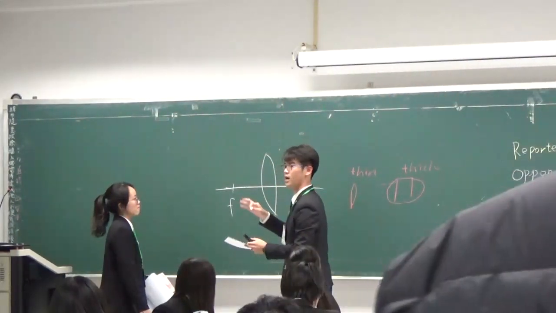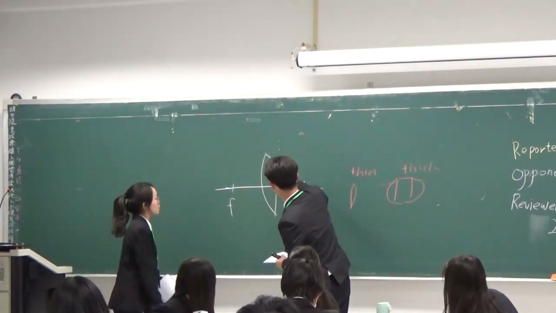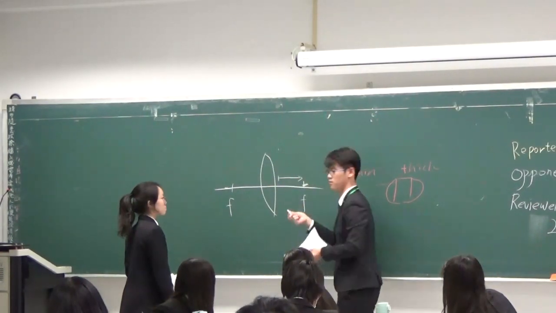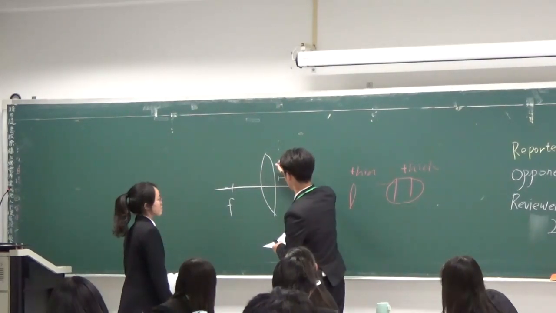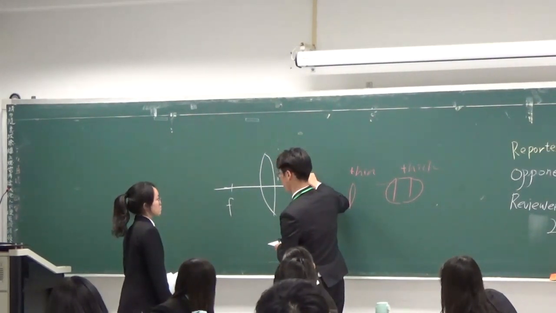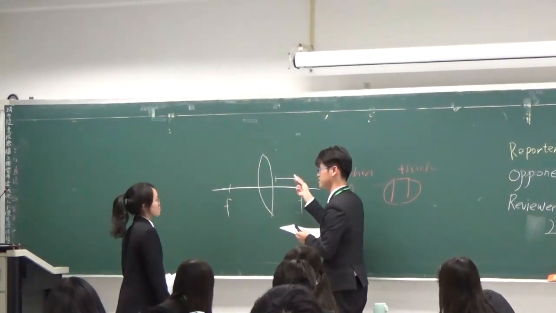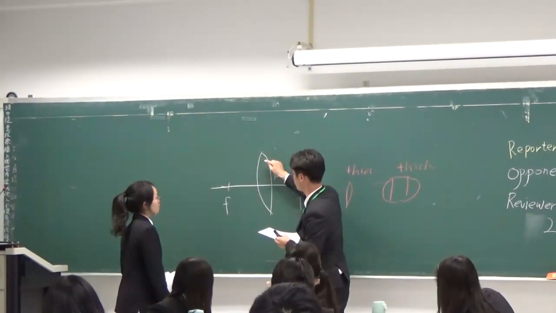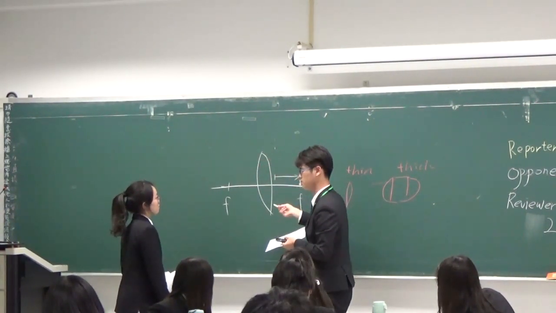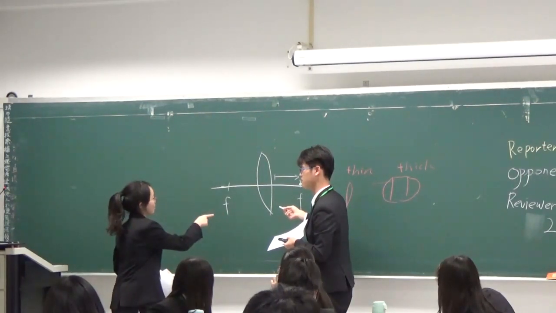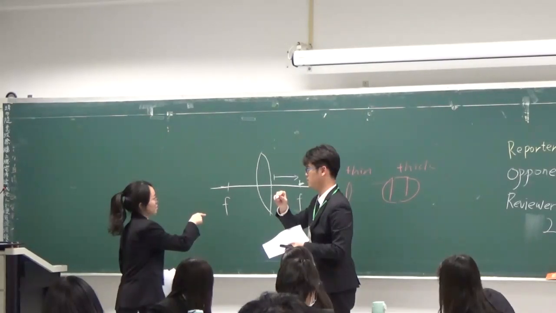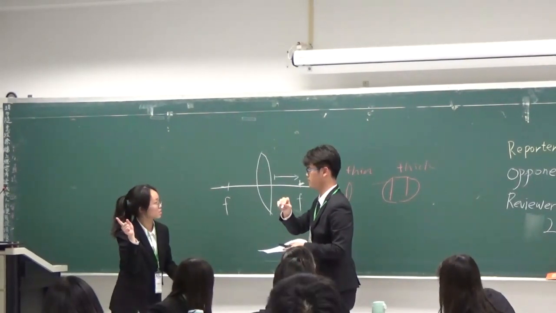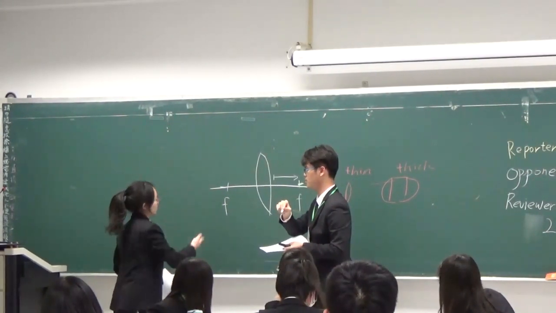So when the object distance is far from this, it will change the way the light is emitted from the object, which will make a different magnification. Yes, so the focal length will affect the magnification. But the focal length in my experiment is the same. Yes, and you change the object distance. Okay, please explain this.